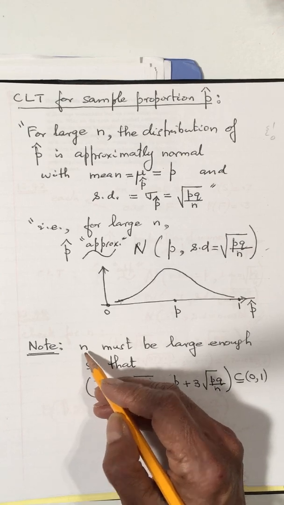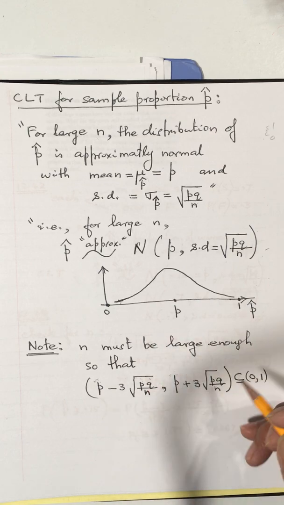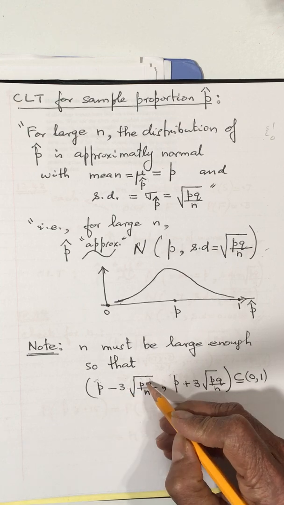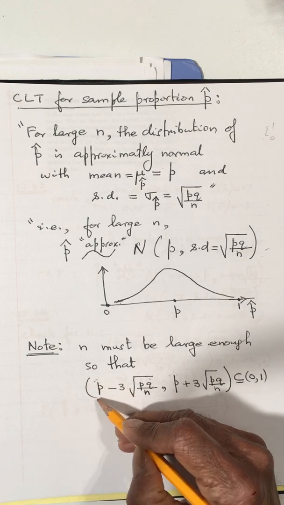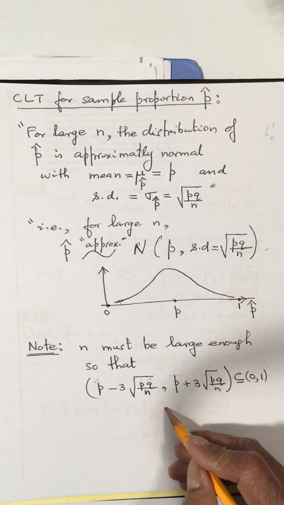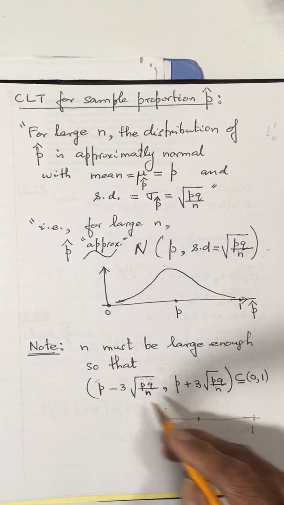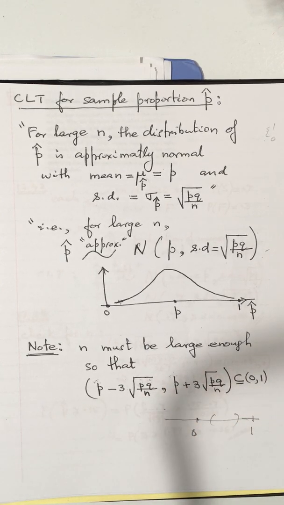This n should be large so that P minus 3 times the square root of PQ over n, and when you calculate this interval from this value to this value, it has to be within 0 and 1. Later, I will show you why this is the case, a couple of chapters down.